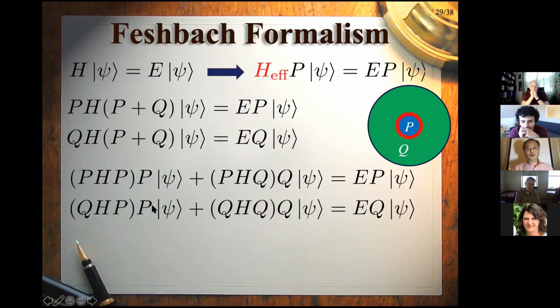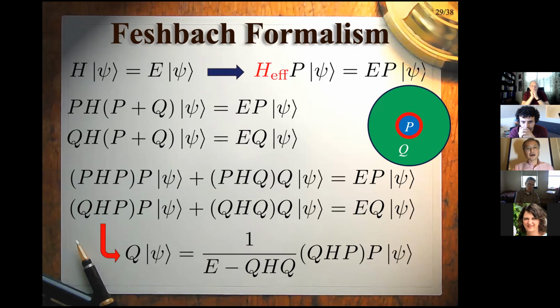So what I'm gonna do is, from the second equation, find Q psi in terms of P psi. Do you see this? I move this second term over, and then divide by this. That's what I did.